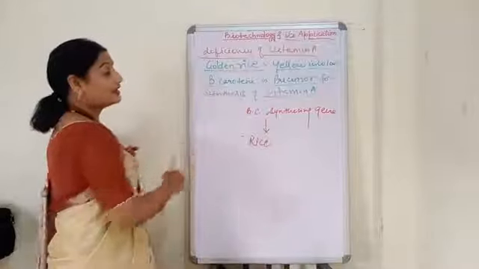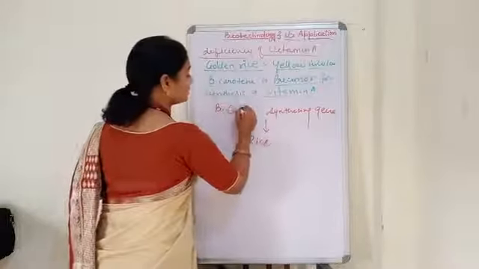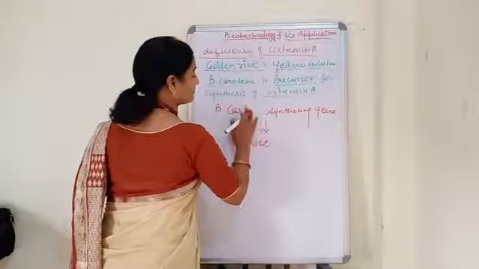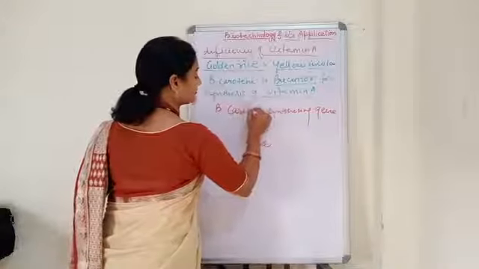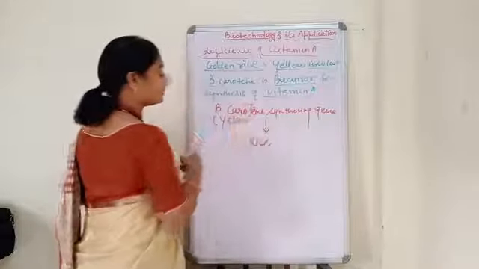Now this beta carotene is yellow in color.